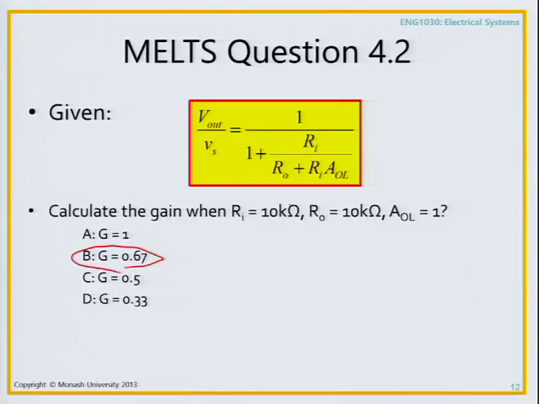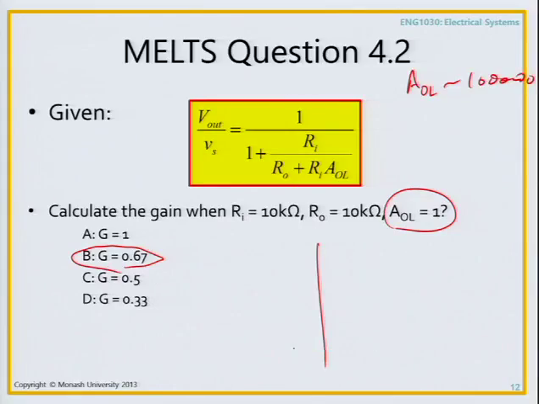Okay, so even just by putting in some different values for Ri and Ro that could be realistic, you think, oh, how's this realistic? You couldn't get that at all, because I've been telling you that AOL is approximately equal to 100,000.